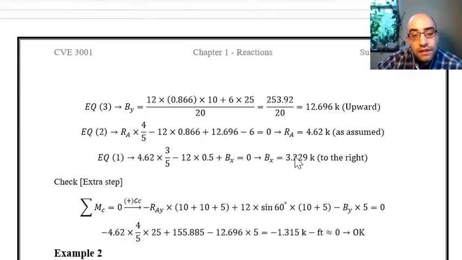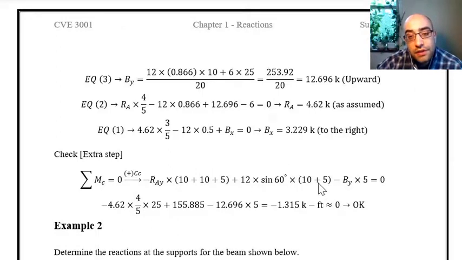So those are the terms that I write in these equations. As you can see, By is negative because it created a clockwise moment. Instead of these parameters, I have to put the values that we found in the equations.